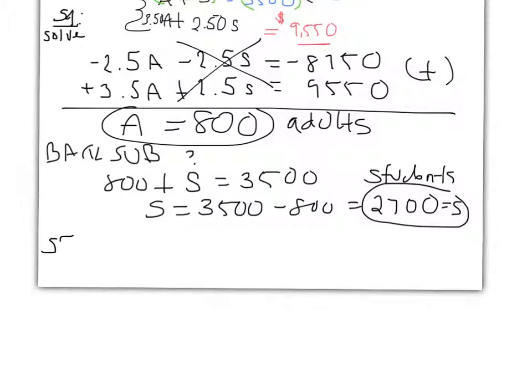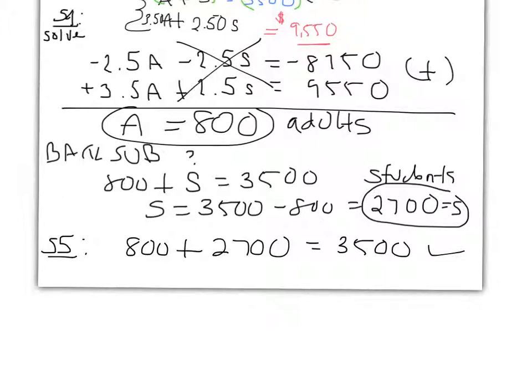And again, a quick check if you want. Well, I'm going to ask them on the test, so you should be comfortable. Does 800 plus 2,700 give you 3,500? It does if you add it up, or we kind of did it in the last step. It should work. So check.